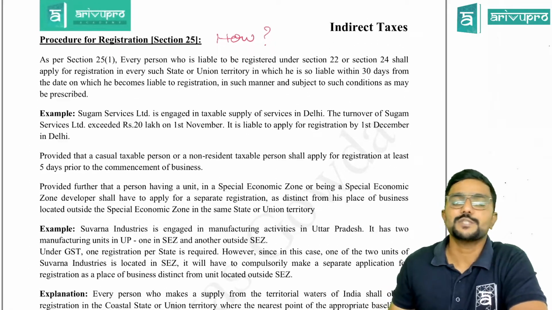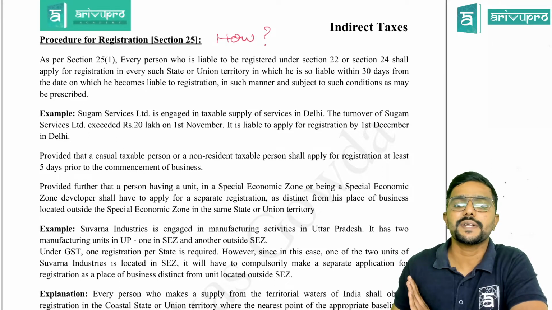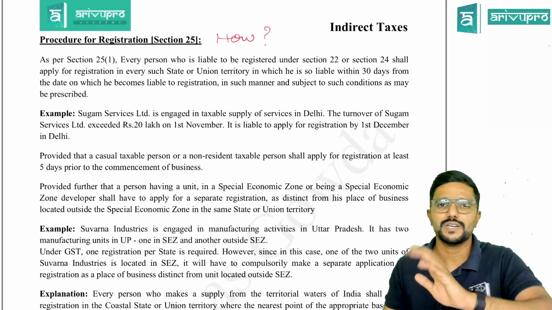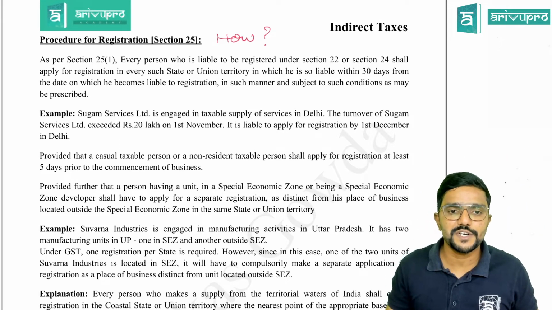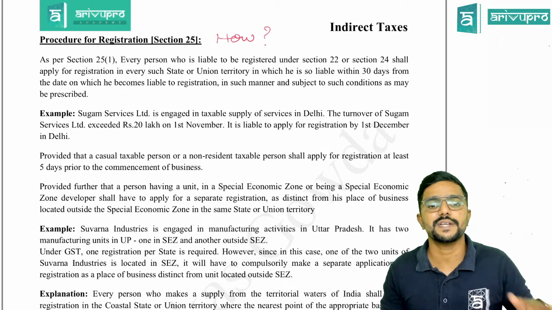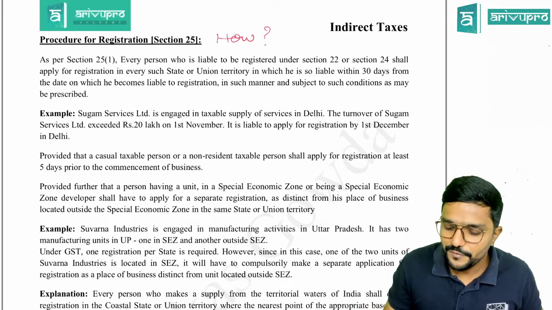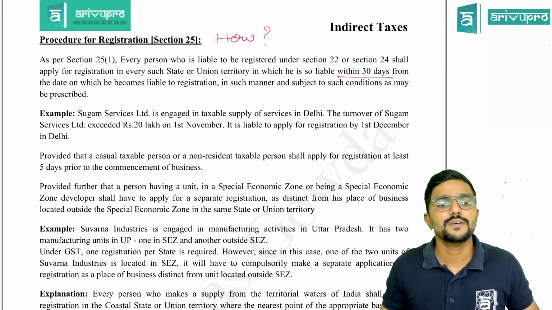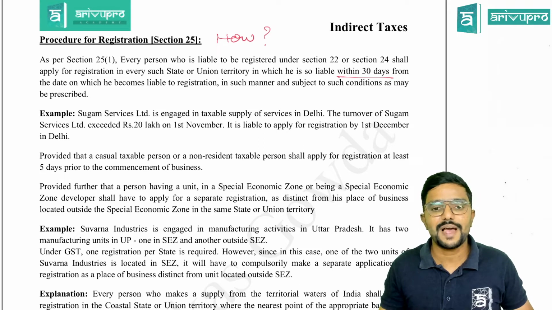As per section 25, subsection 1, every person who is liable to get registered under section 22 or 24, that is whoever is covered under 22 or 24, shall apply for registration in every such state, that is wherever they are having operations, or union territory, in which he is so liable, within 30 days from the date on which he becomes liable to registration, in such manner and subject to such conditions as may be prescribed.